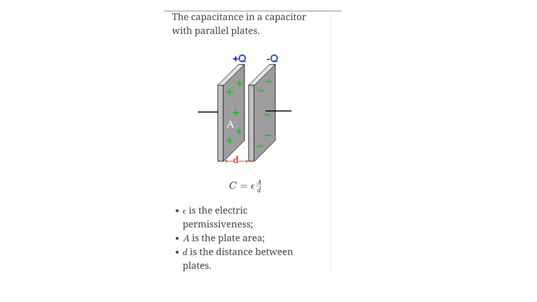Here we have shown a parallel plate capacitor. The capacitor with parallel plates. On the first plate, we supply charge Q. Both plates have area capital A. The distance between these two plates is small d.